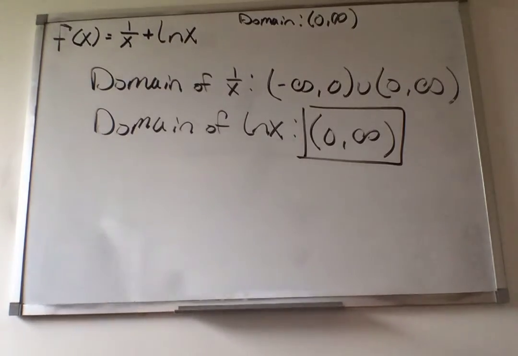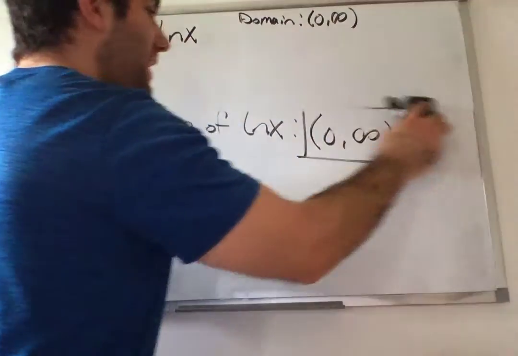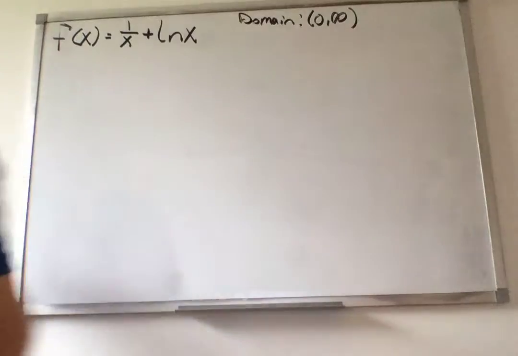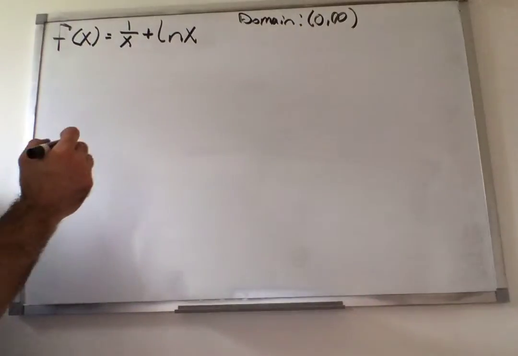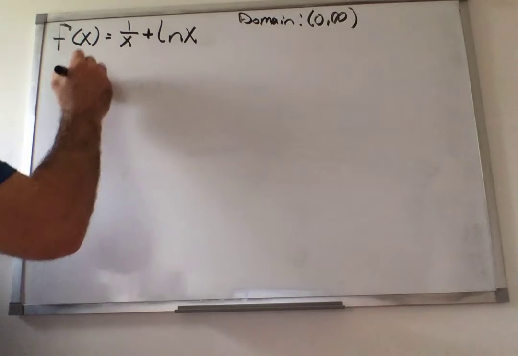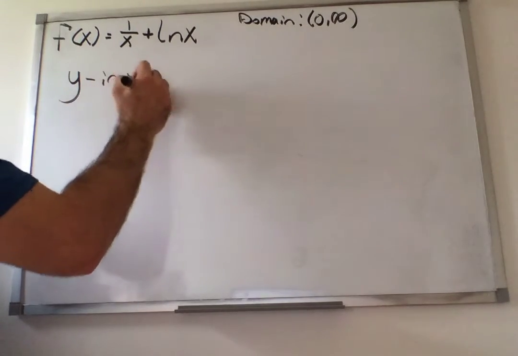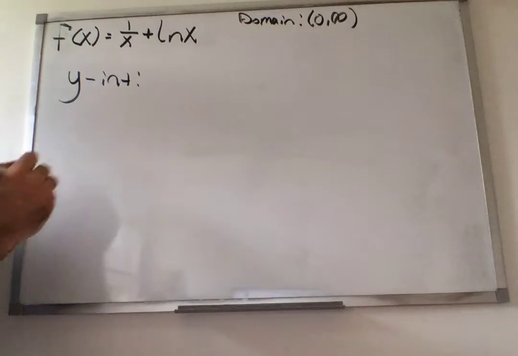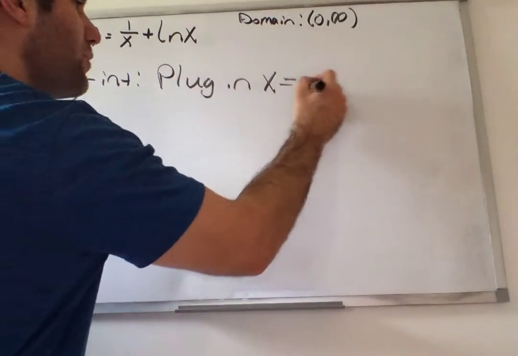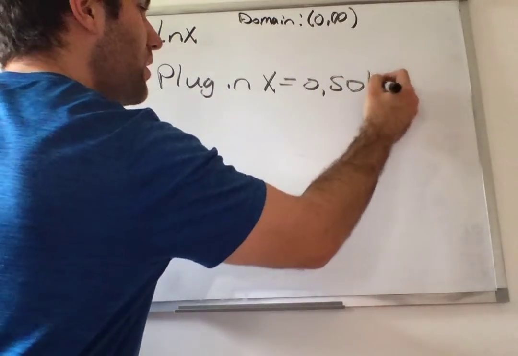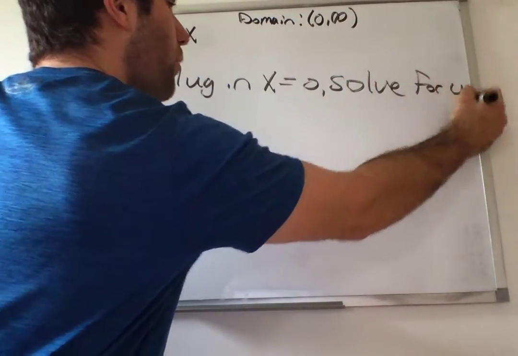The next step is to find the intercepts. So let's go ahead and find the x and y intercepts. Let's talk about the y-intercepts first. To find the y-intercepts, you plug in x equals 0 and then solve for y.